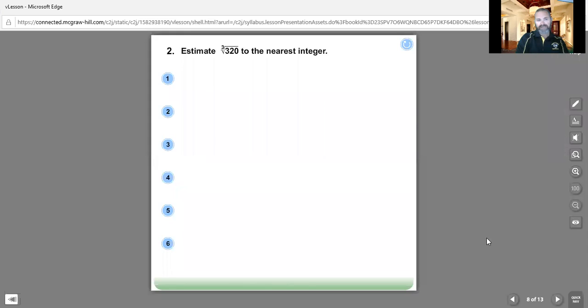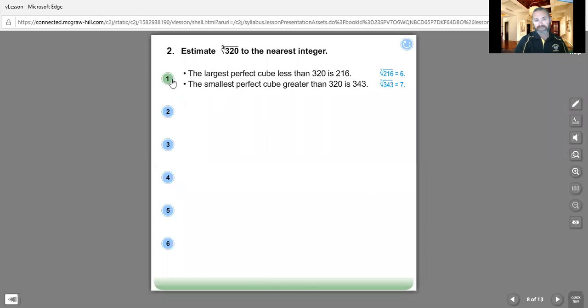Now we're going to do it the same way for cube roots. In this problem, we need to estimate the cube root of 320 to the nearest integer.